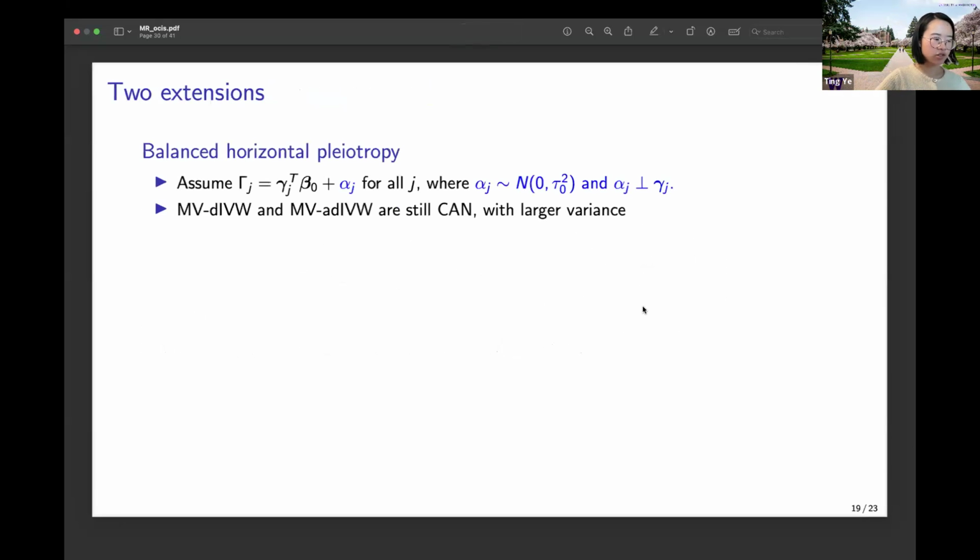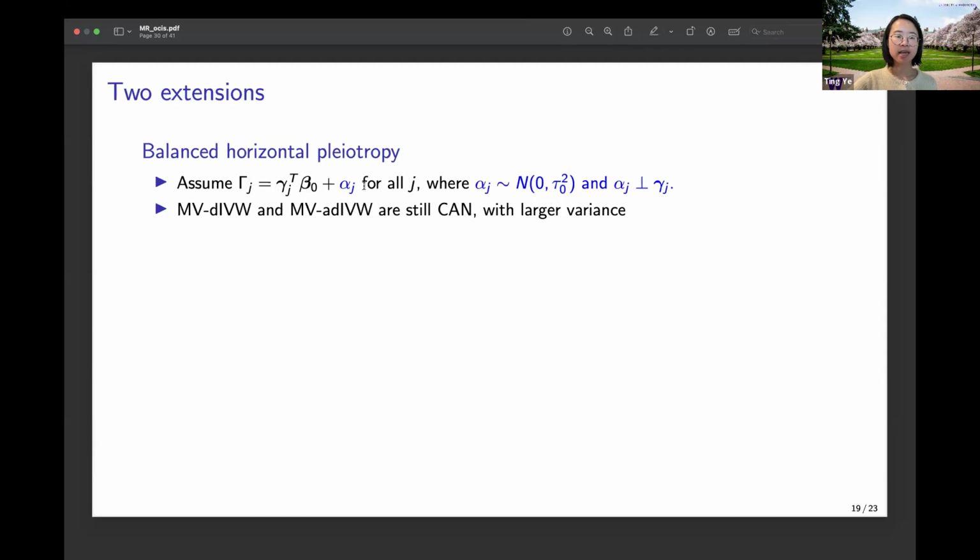And we have two extensions. The first one is extending to balanced horizontal pleiotropy. Although multivariable Mendelian randomization is already dealing with horizontal pleiotropy in some sense, because it allows adjusting for some known pleiotropy pathways in an MVMR framework, it's still unsure whether there exists additional horizontal pleiotropy, in the sense that there may be an additional direct effect of the IV on the outcome.